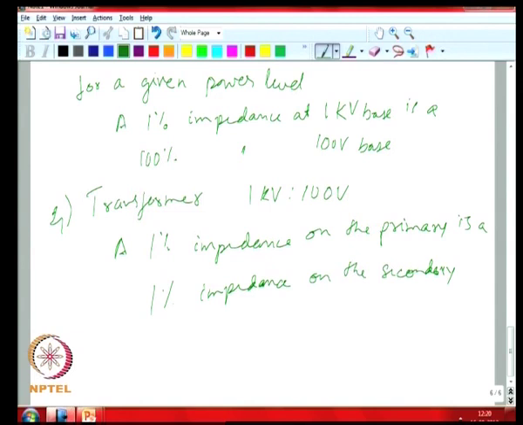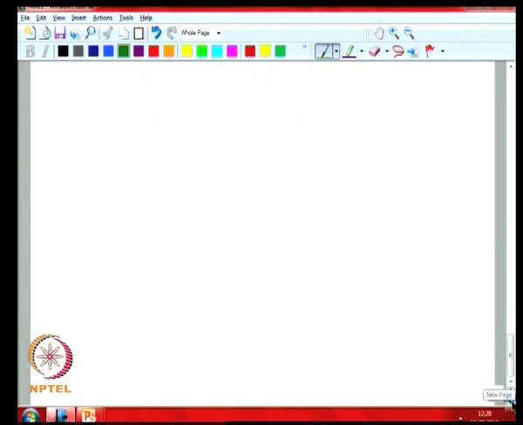So, with this we will look at an example of a system and look at how we could make use of what we have just covered to calculate what the ratings of some components such as fuses and circuit breakers could be on a system. Okay.